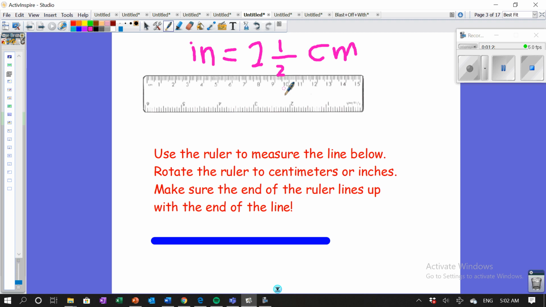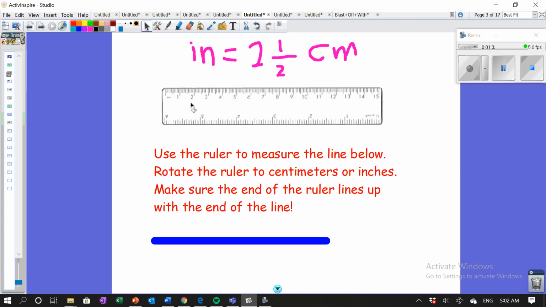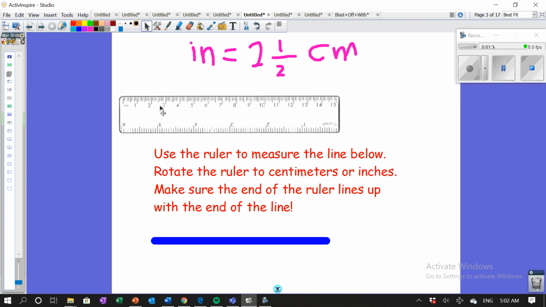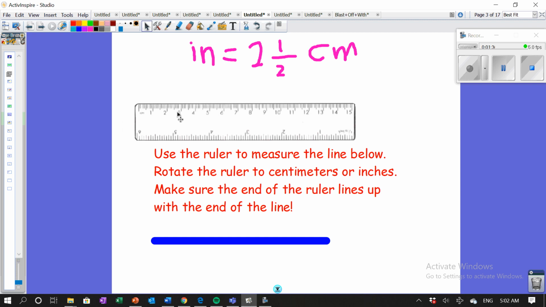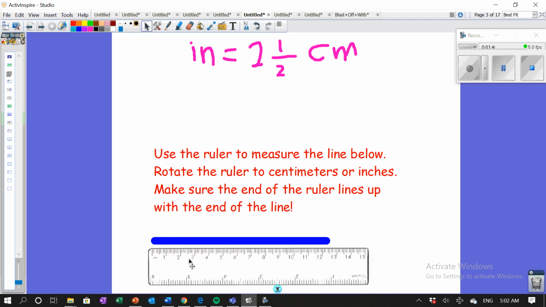So when I want to measure this line, I have to use the ruler. I have this ruler, and we want to use it to measure this line below. If I want to measure it with centimeter, I have to start from 0 like this, and I read my measurement. My measurement is about 12.5 centimeter. But let's see what happens if I measure it in inches.